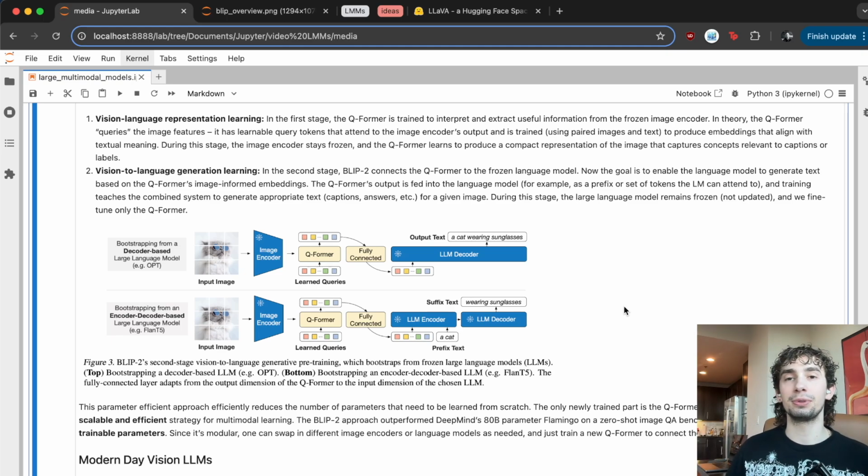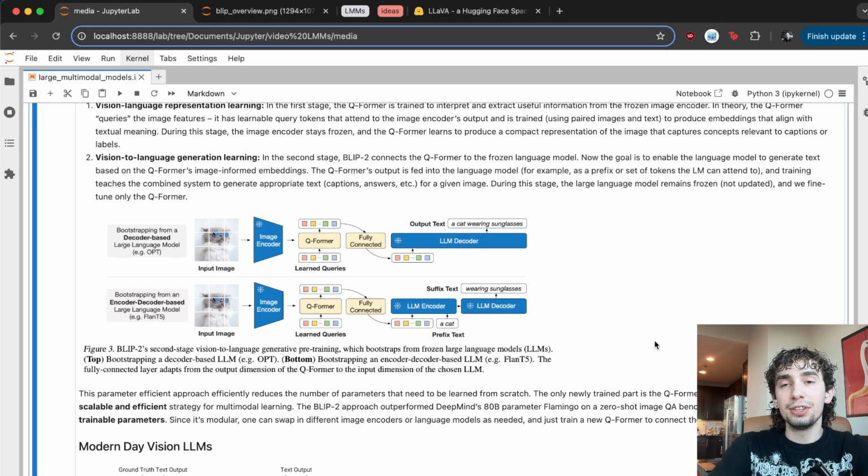So the output from the Q-Former is fed into the language model, and through training and tweaking, of course, the Q-Former in this training, it tries to generate the appropriate text, whether that's captions, answers, etc., for some given image. So during this stage, the LLM is not updated, and we only tune the Q-Former.